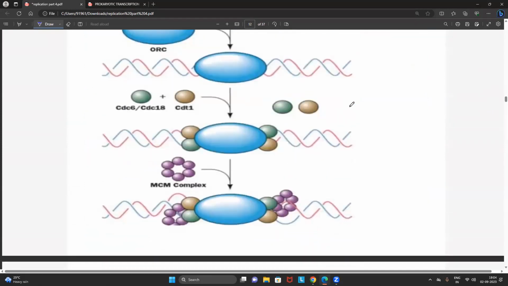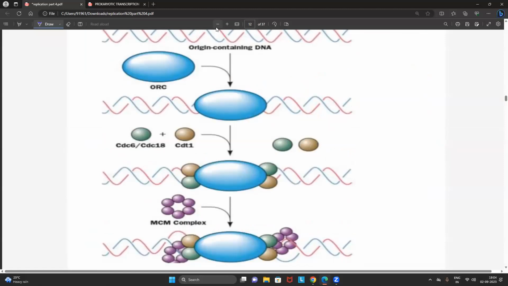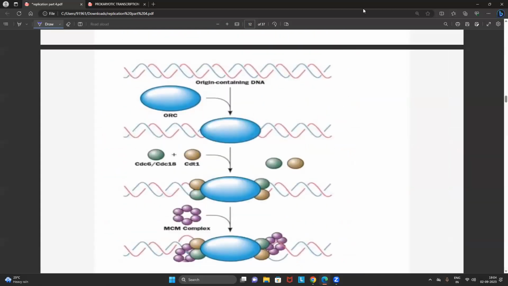This is the last slide we completed in yesterday's class. All of you please pay attention and try to understand what exactly I'm trying to say here. What is the name of the protein involved in the replication process? Remember that in a prokaryotic organism, the protein that starts DNA replication is called DnaA.